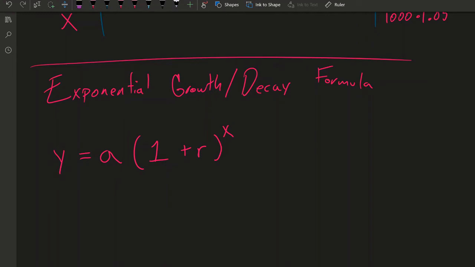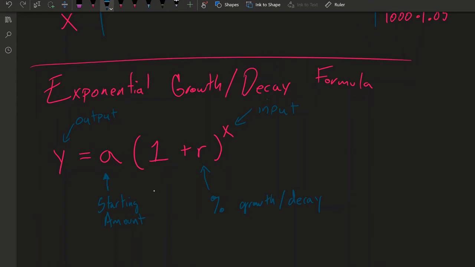X is the input, and in this case it's usually time. Y is the output, so in this case this would be the number of years. A is the starting amount. And r is the percent growth or decay.